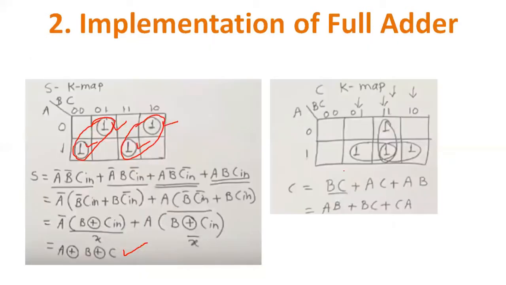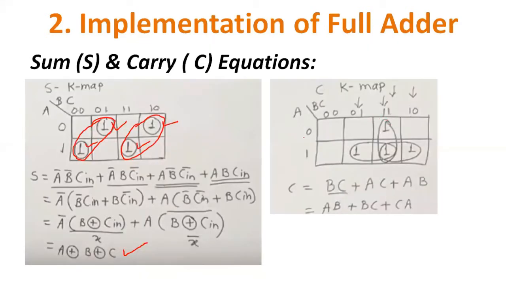So here 0, 1, 1 is the third combination, 1, 0, 1 is the fifth combination, 1, 1, 0 is the sixth combination, and 1, 1, 1 is the seventh combination. Here we have grouped these cells, two ones at a time, so that we will get AB plus BC plus CA. So this is our final equation for carry out.